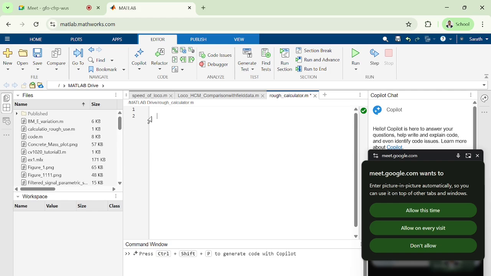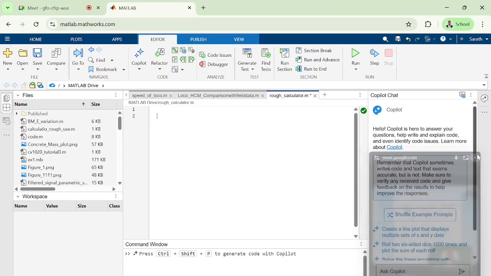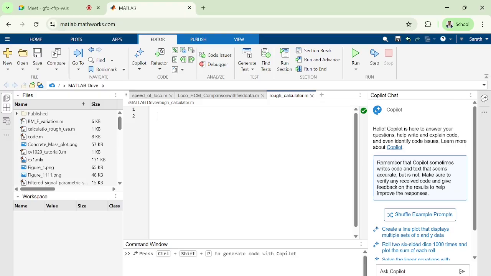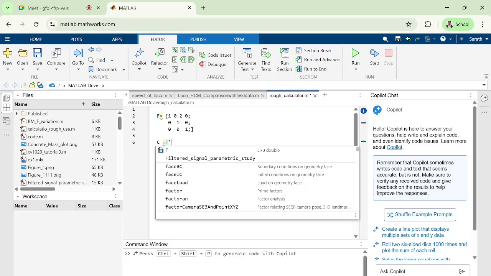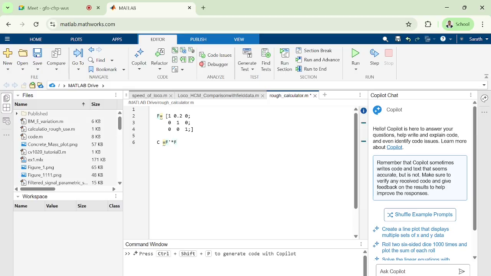So what we want to do is multiply two matrices. My F matrix is given by 1, 0.2, 0 in the first row, 0, 1, 0, and 0, 0, 1. Okay, so this is my F matrix. And C, I want F transpose times F.